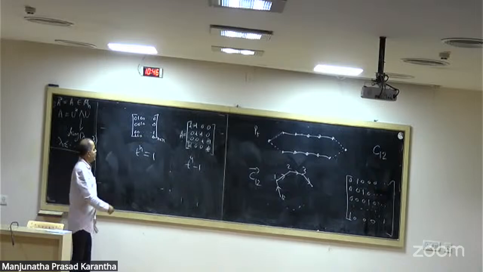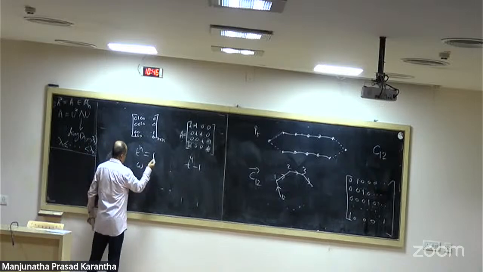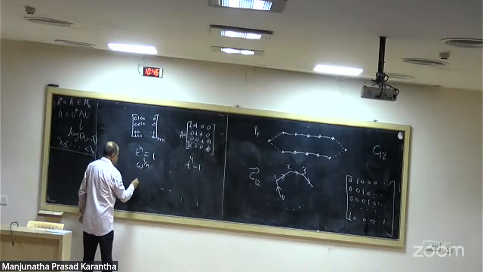So the eigenvalues are all nth roots of unity. So what are they?